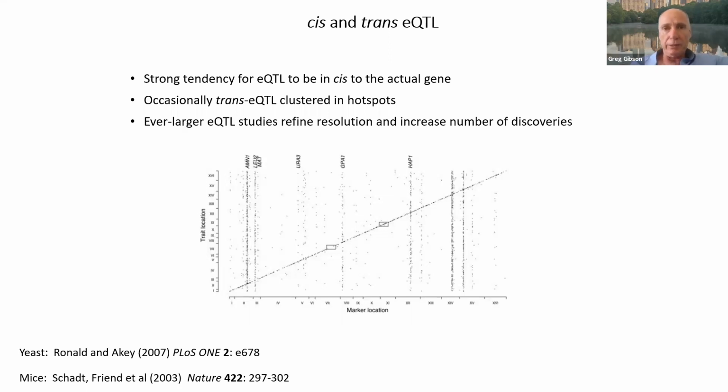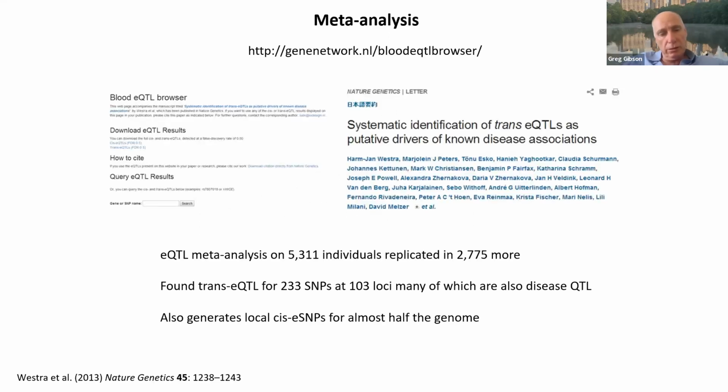So one of the first people to pioneer that was Lude Franke and his group in Nijmegen in the Netherlands. And they put together something called the Blood eQTL Browser, which is the most comprehensive browser of eQTL effects for a single tissue, and that tissue happens to be blood for the unsurprising reason that it's actually very easy to sample blood, and it's used for a whole lot of purposes.